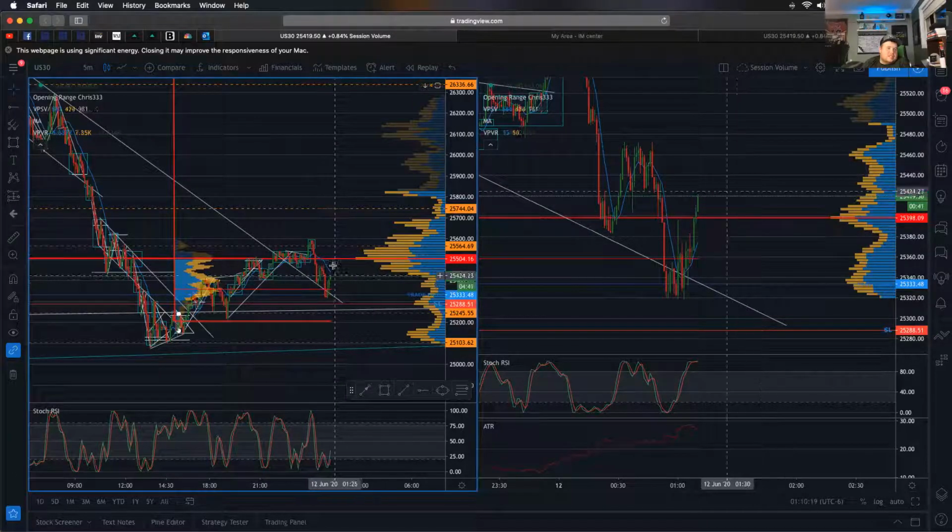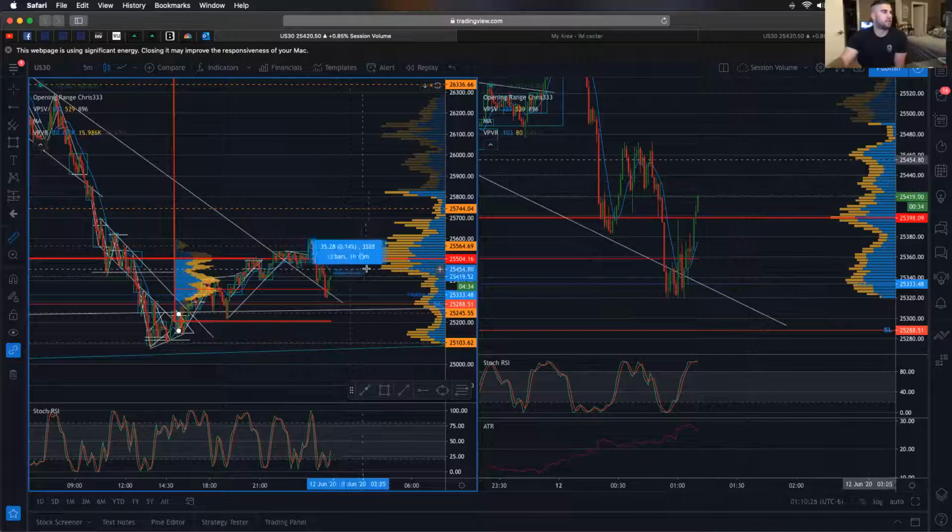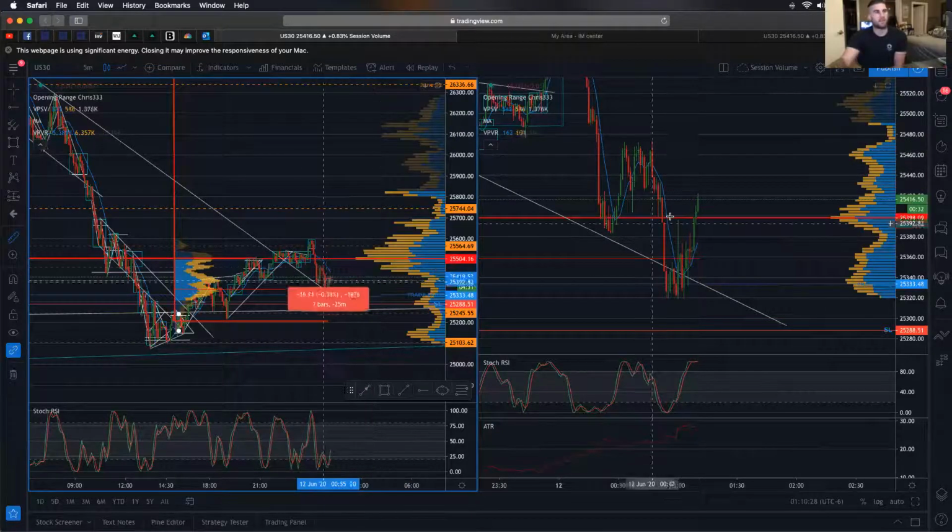Decent little move. Look at that. I should've held, place your targets. But that's what I was talking about earlier, right?